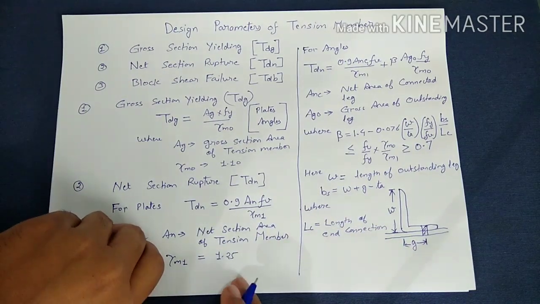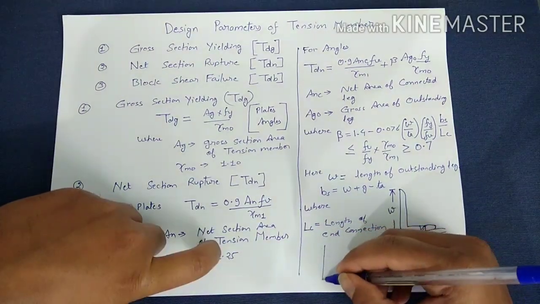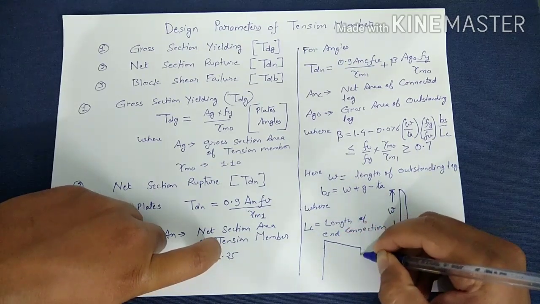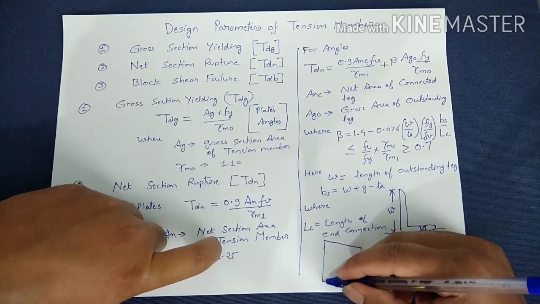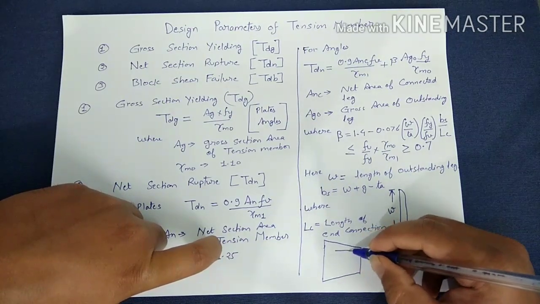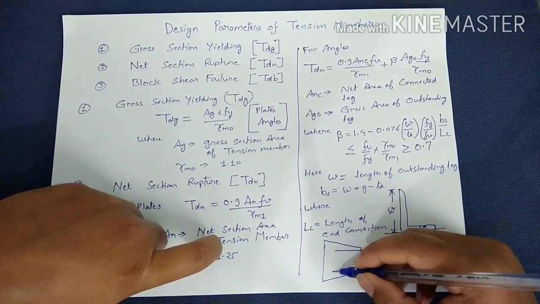We can understand through this diagram. Suppose this is your gusset plate in which a tension member is connected.